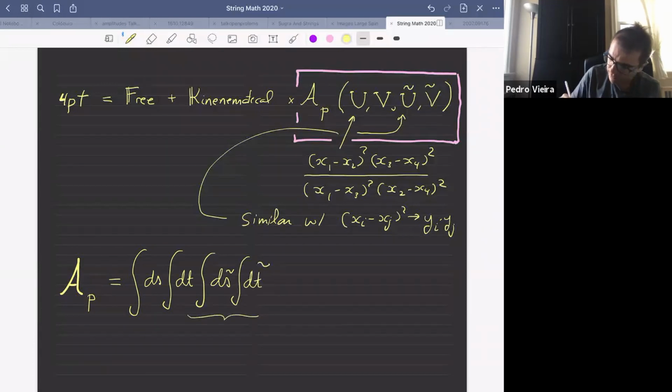The first 2 are the standard Mellin variables. These would be what we call the sphere Mellin variables. Let me tell you what the definition of this is.